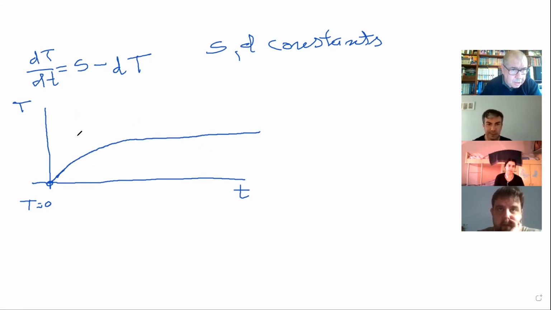Okay, so it's approaching something. Now what I was saying is that this is a linear model. We have seen a similar behavior with a nonlinear model given by the logistic equation. Look at the slides behind. But that's another story.